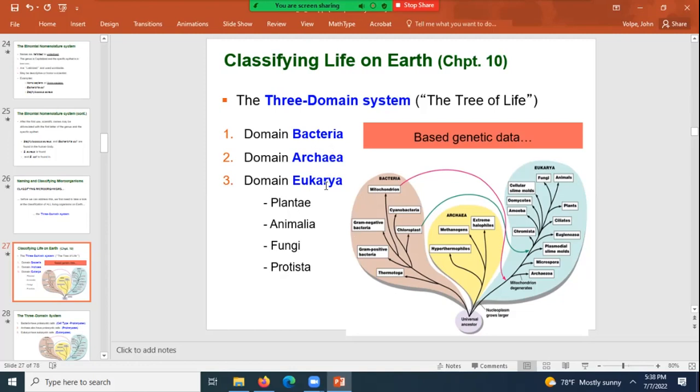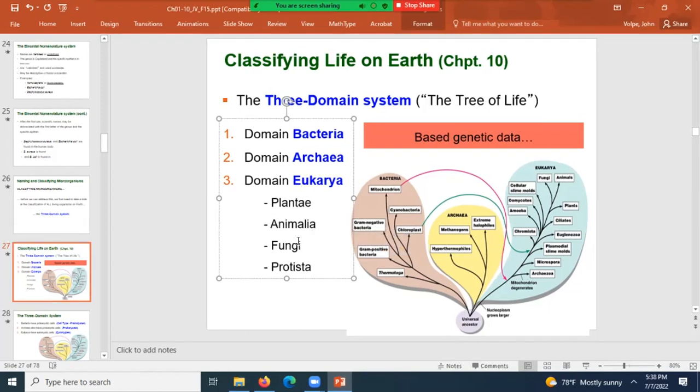And then people use the 6 kingdom approach, which we're going to use. Kingdom bacteria, kingdom archaea, kingdom plants, kingdom animals, kingdom fungi, kingdom protista. The problem with the 6 kingdom approach is that protista is defined as the kingdom that is a eukaryote that is not a plant, not an animal, not a fungi.